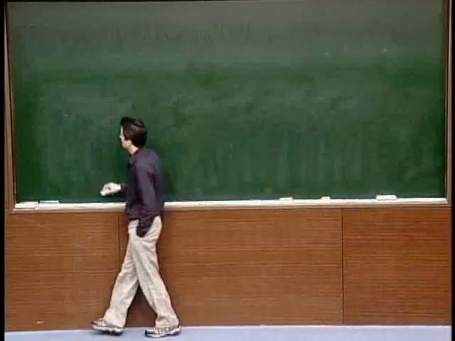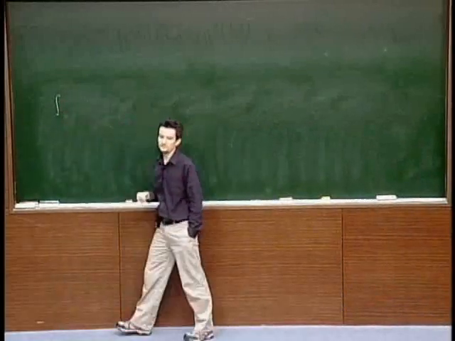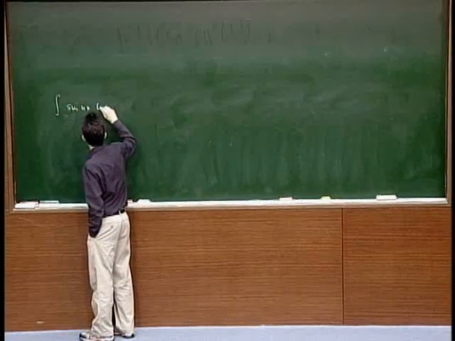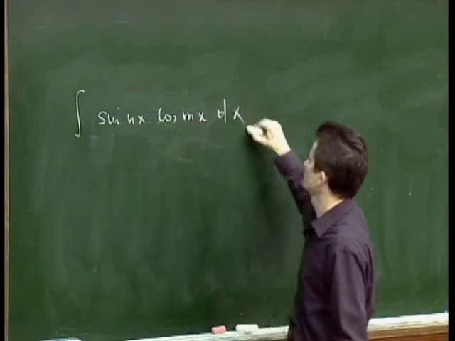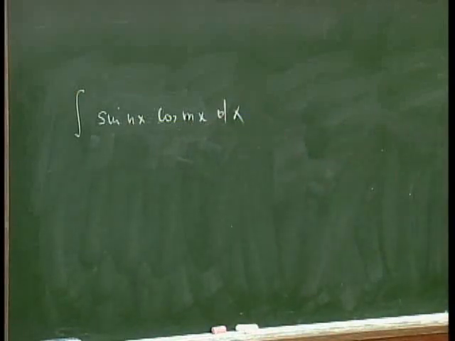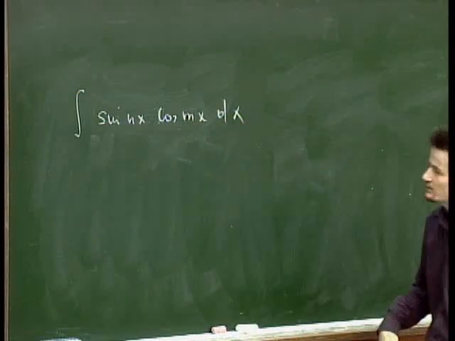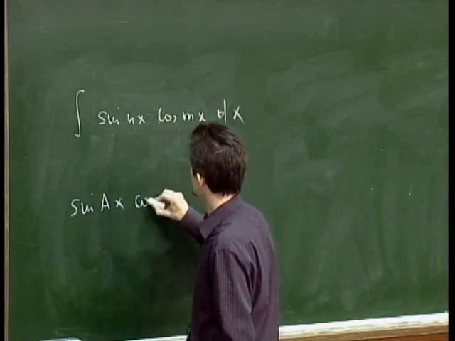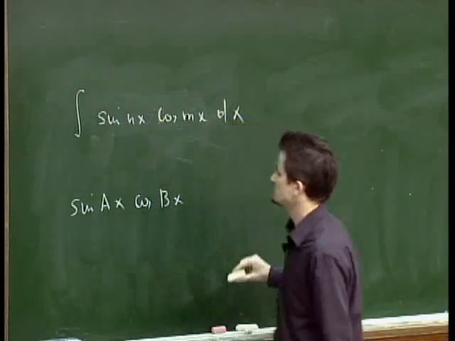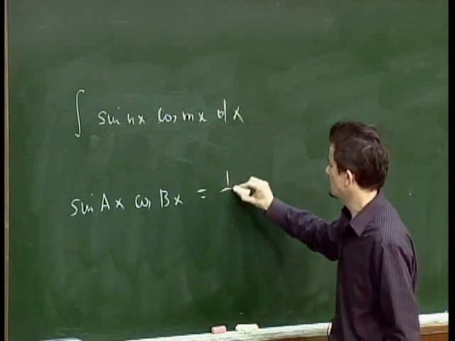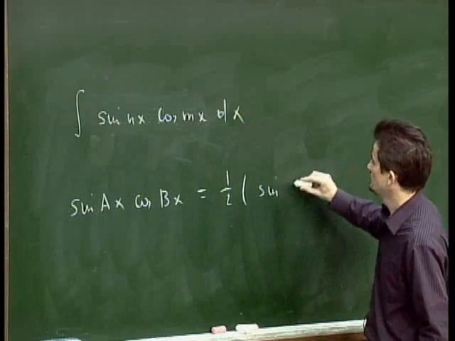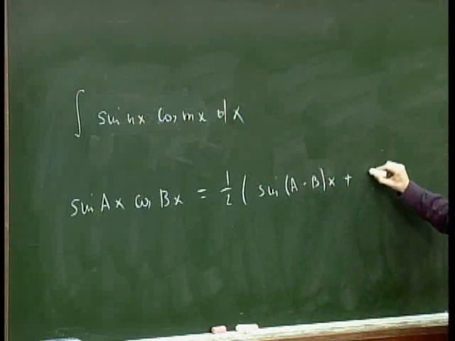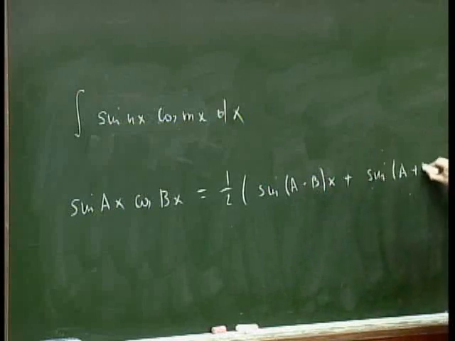Now, another class of integrals which can be completely solved are integrals like this one, sine nx cosine mx dx. The reason why such integrals can be completely managed is because there are again certain identities for trigonometric functions. So for instance, you can write this as 1/2 times sine (a minus b)x plus sine (a plus b)x.